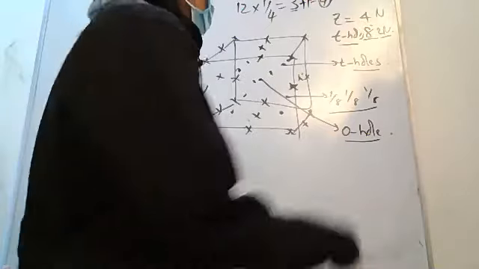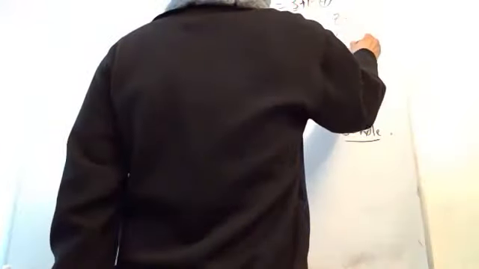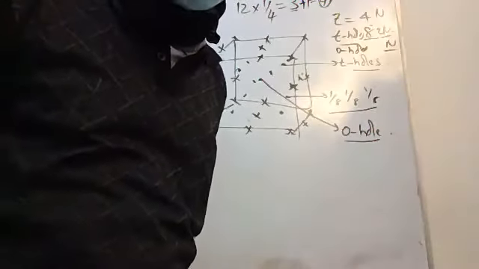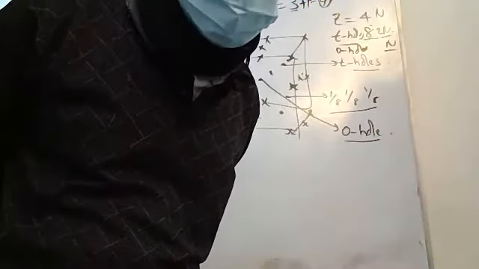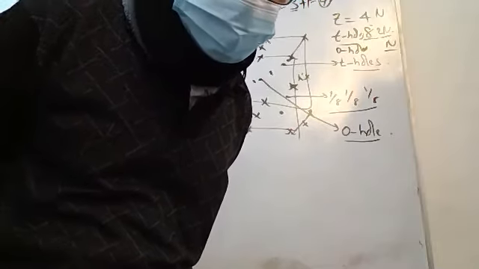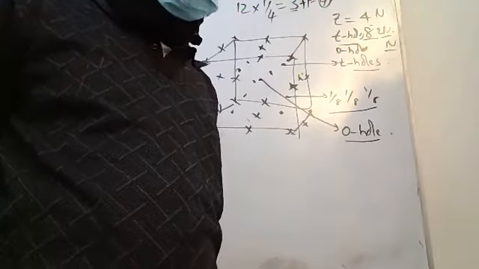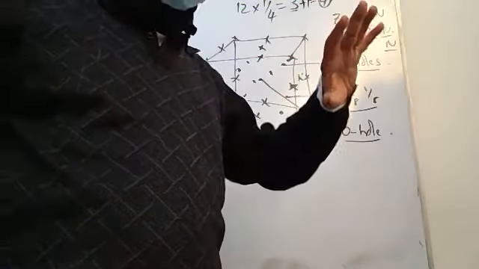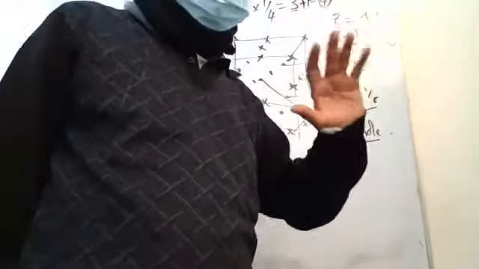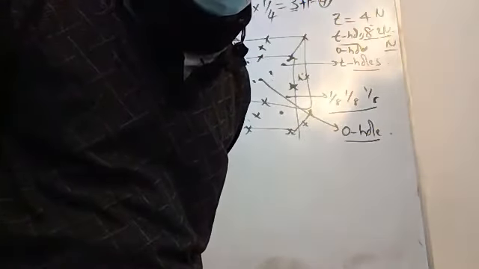In other words, the number of octahedral holes is exactly n. If I have n number of atoms, I will have n octahedral holes and 2n tetrahedral holes.